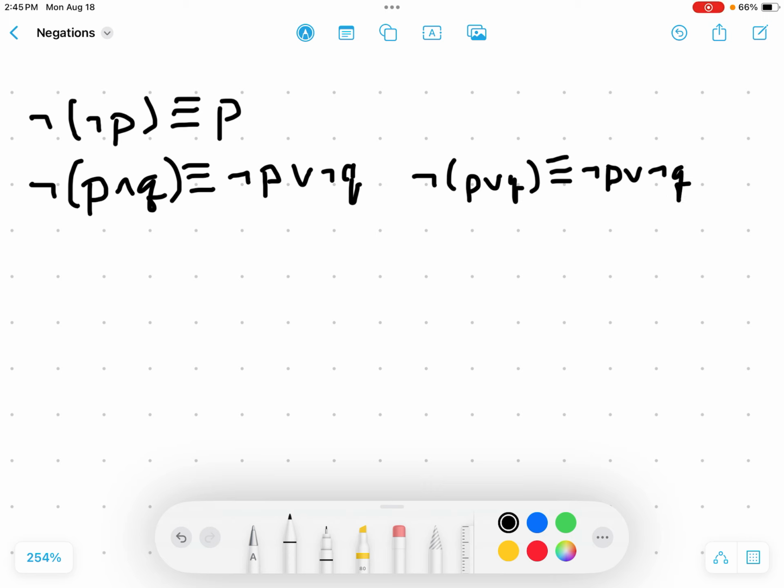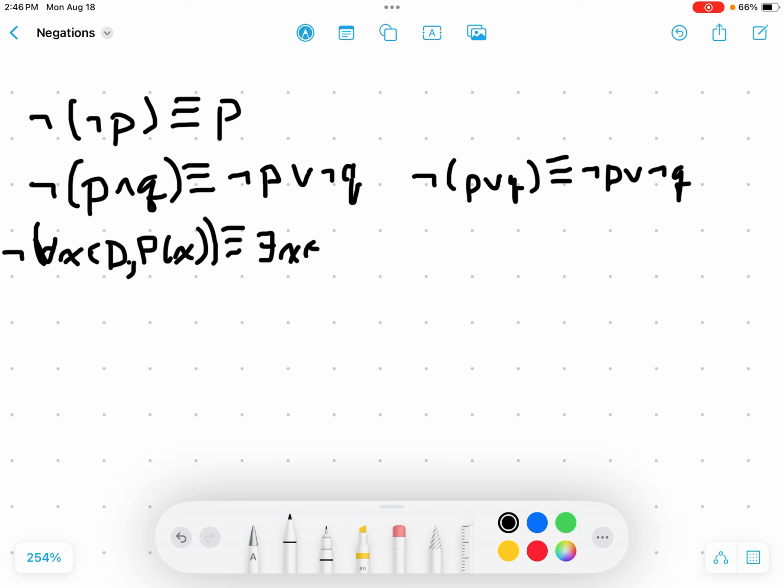For quantifiers, if we have something that looks like for all X in D, P of X (the comma there is optional), and we want to negate that, the opposite of for all would be there exists.